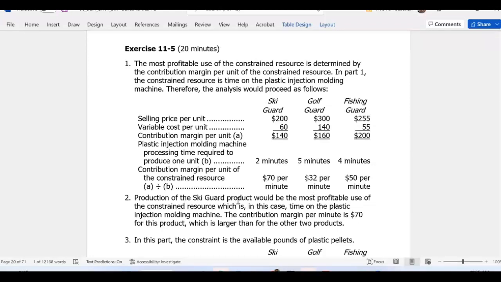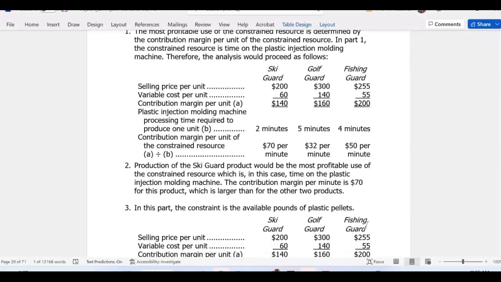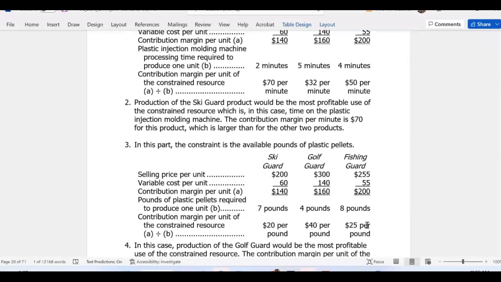So production of the ski guard would be the most profitable use of the constraint resource, which is in this case time on the plastic injection molding machine. The contribution margin per minute is $70 for the product, which is larger than the other two, as we spoke. In this part, constraint is the available product.